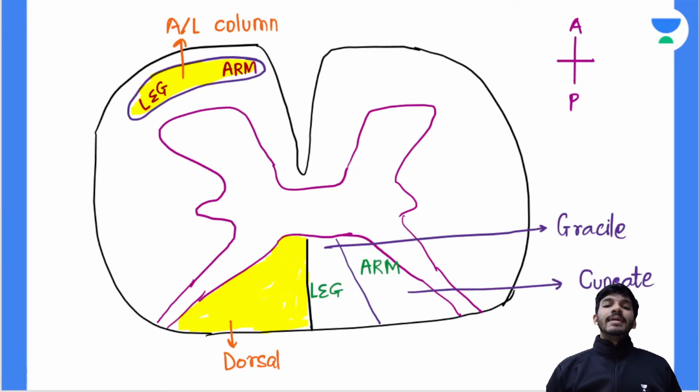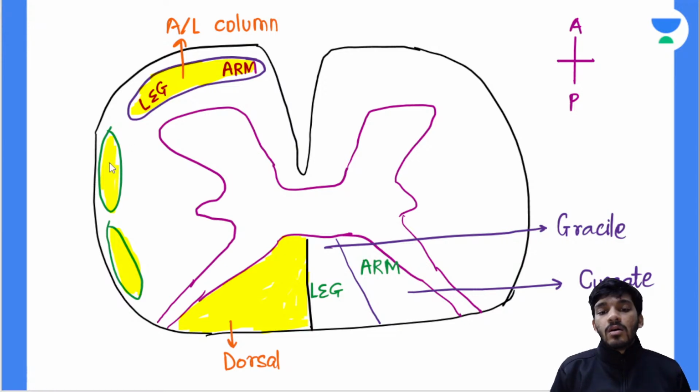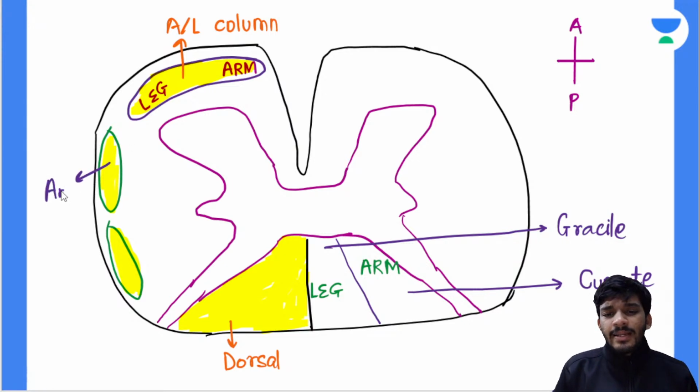Now there are two more ascending tracts to be aware of. Right? One is called the anterior spinocerebellar and the other is called the posterior spinocerebellar. Okay? So please mention anterior and posterior.